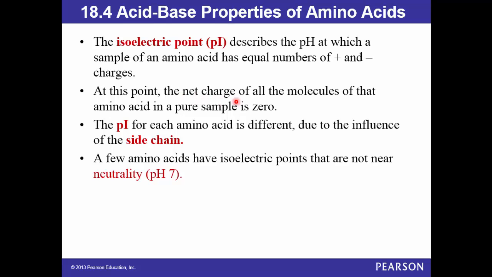At this point, the net charge of all the molecules of that amino acid in a pure sample is 0. The pI for each amino acid is different due to the influence of the side chain. Now, a few amino acids have isoelectric points that are not near neutrality, or pH equal to 7. Now, how to determine this pI? You add pKa1 plus pKa2 and divide by 2 to get your pI value.